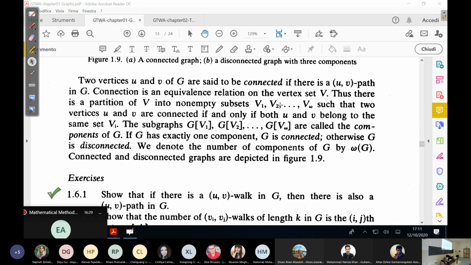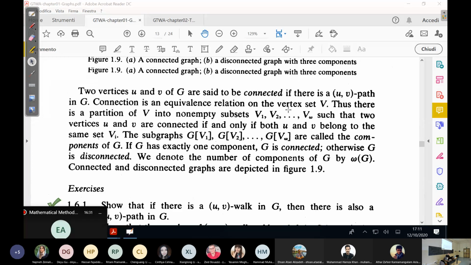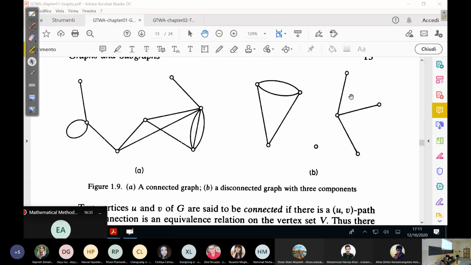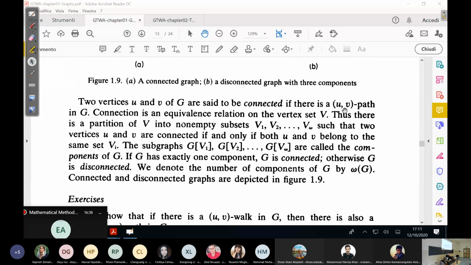And how can we identify these pieces, which are called components? Well, the book introduces these pieces, the components, as the equivalence classes of this relation. The relation of being connected is an equivalence relation.